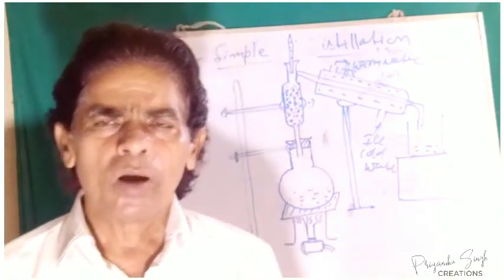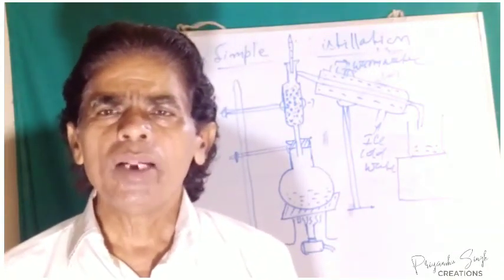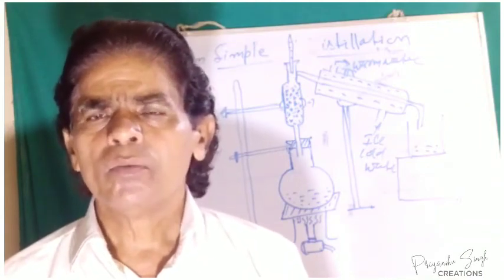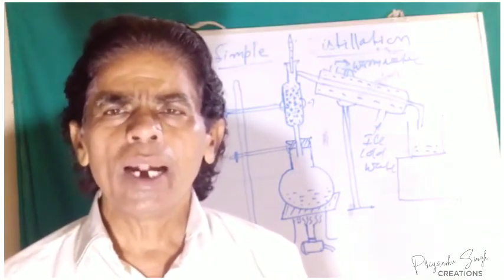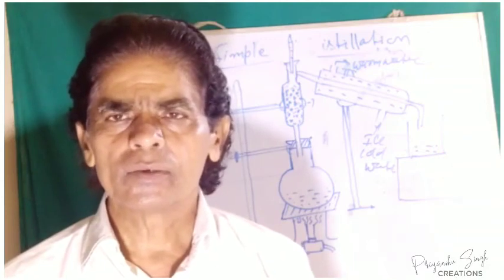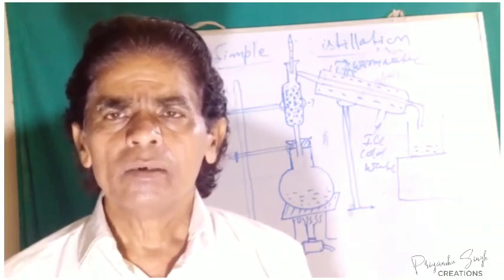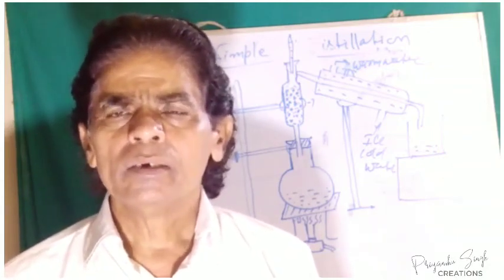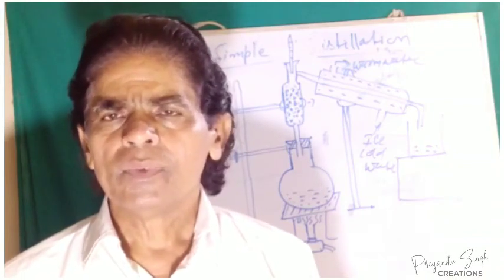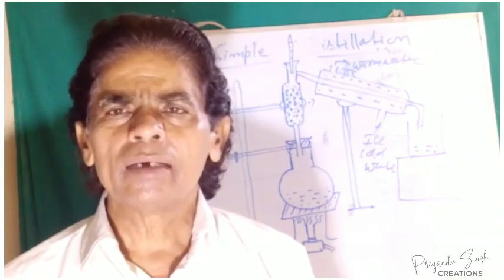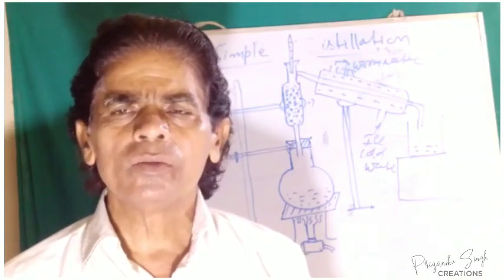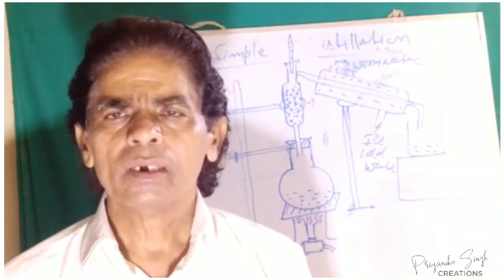Why? Because the boiling point of oxygen is minus 183 degrees Celsius. Further, the second component, argon, is separated at minus 186 degrees Celsius.